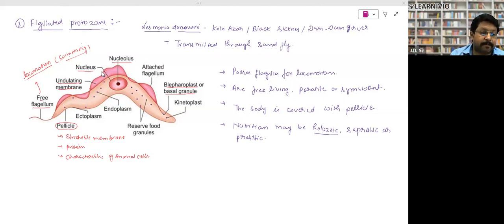Next, parasitic. Mosquitoes suck our blood. Means if a living being is dependent on another living being for its nutrition, but it does not kill it, provided this is a condition, it is called parasitic nutrition, right?